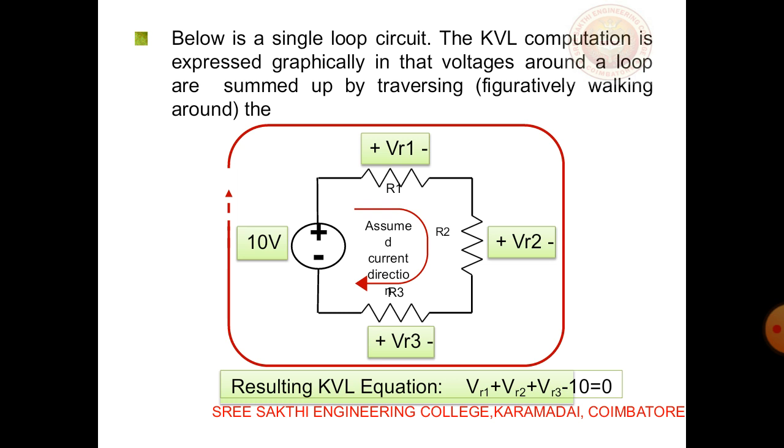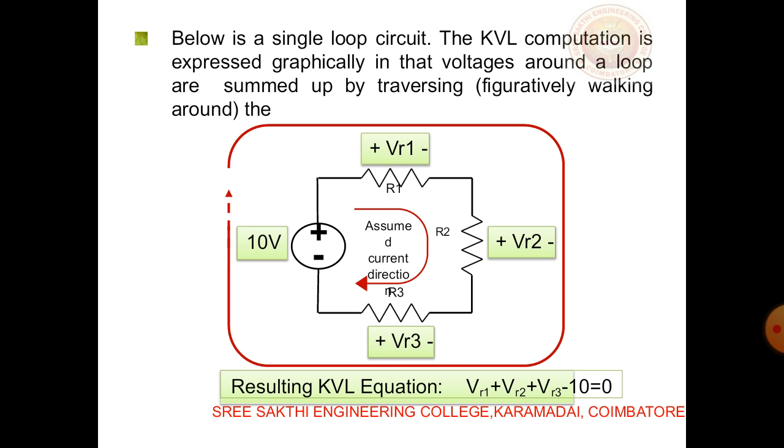You can visualize the circuit. Here we have a 10 volt voltage source and resistances R1, R2 and R3. The voltage across R1 is VR1, across R2 is VR2 and across R3 is VR3.